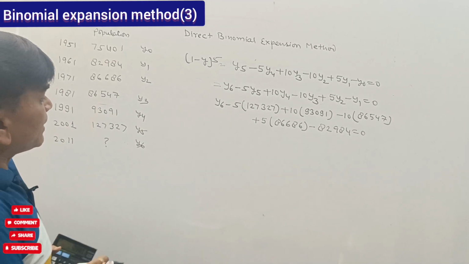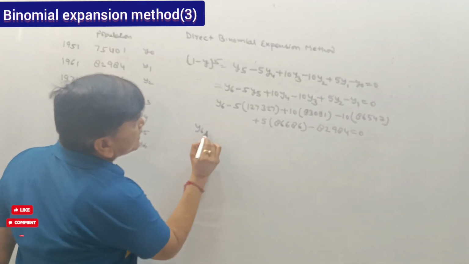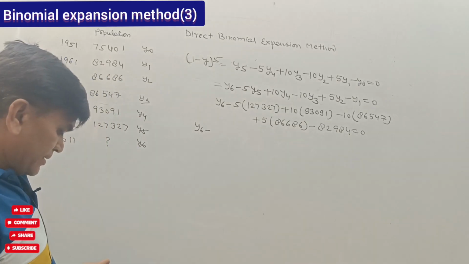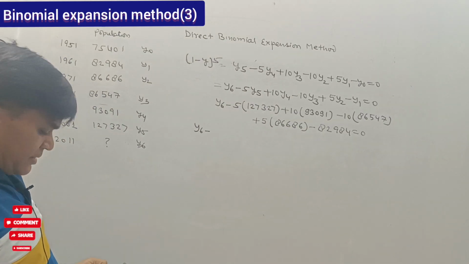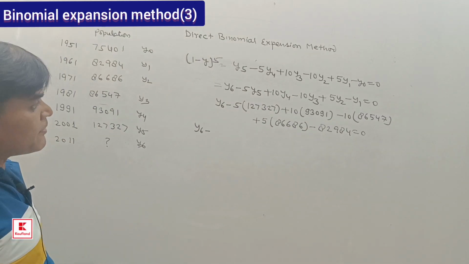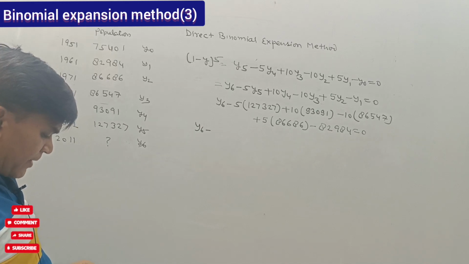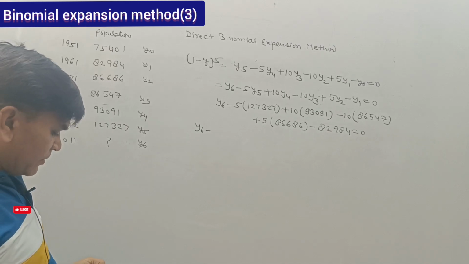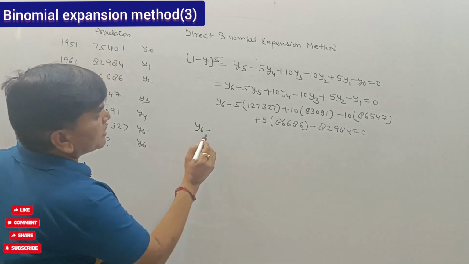So by calculating, y6 minus 127327 multiply by 5, that is minus value 636635.